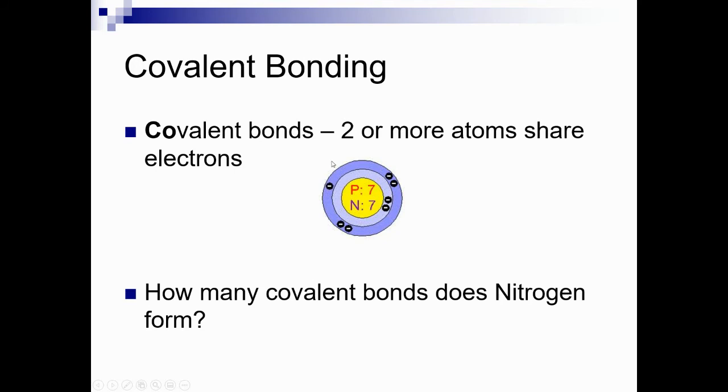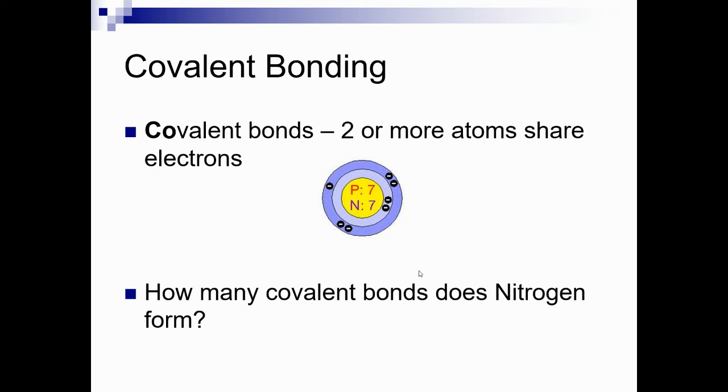Here's my nitrogen. So nitrogen has 7 protons, so 7 electrons. I have 2 in my inner shell, and then I have 1, 2, 3, 4, 5 in my outer shell. So how many electrons does nitrogen need to have a full outer shell? 3, right?